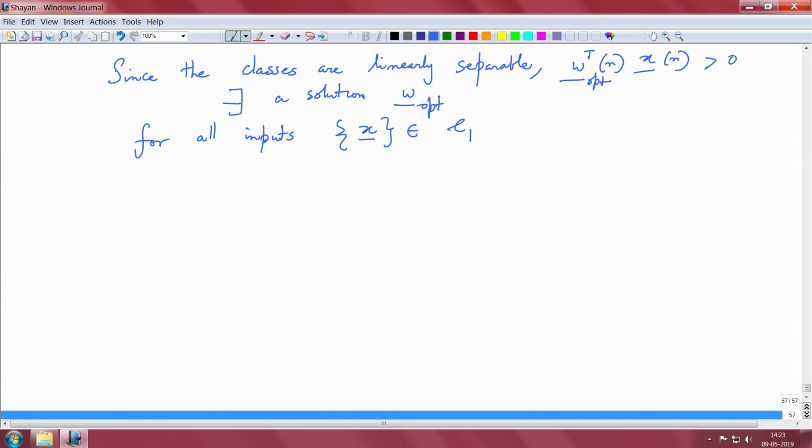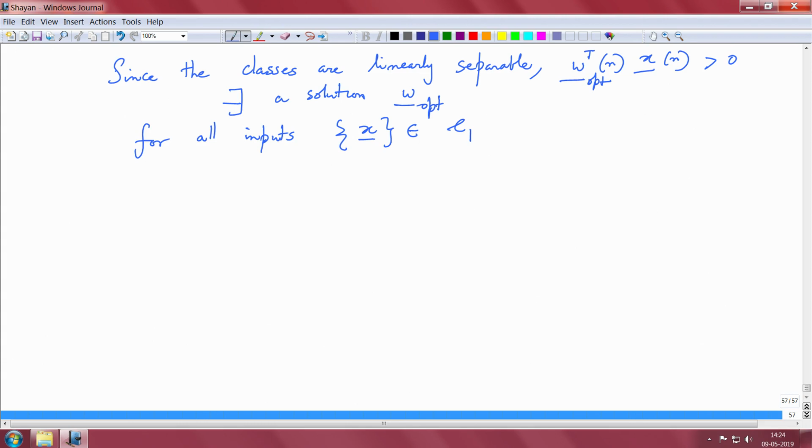If I give you all inputs x belonging to class C1, since the classes are linearly separable, there should exist an optimum hyperplane such that this decision holds.